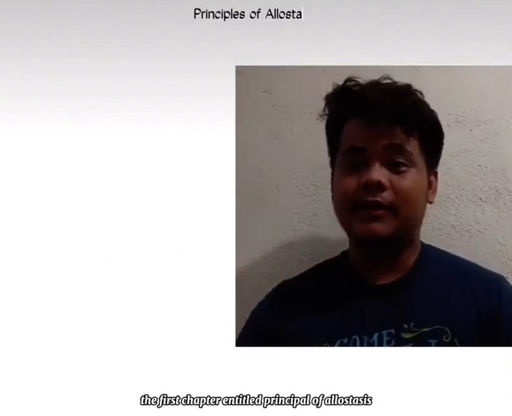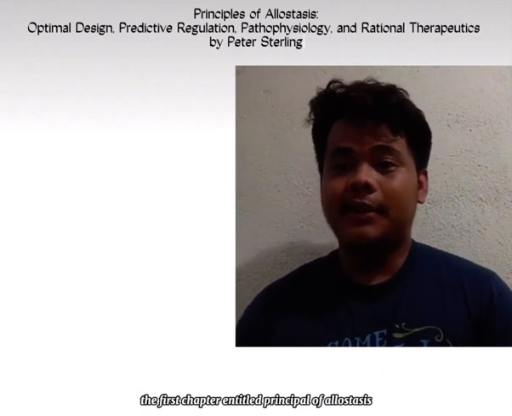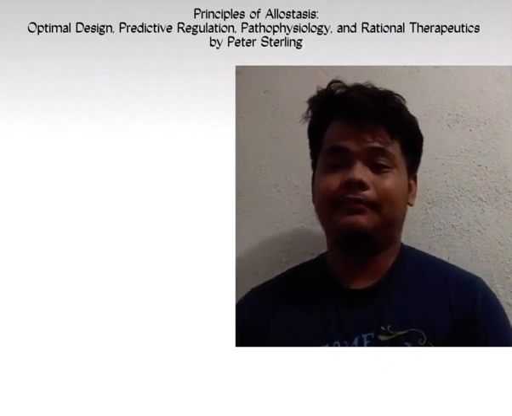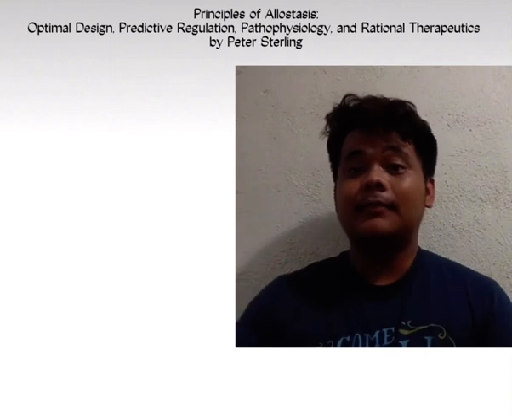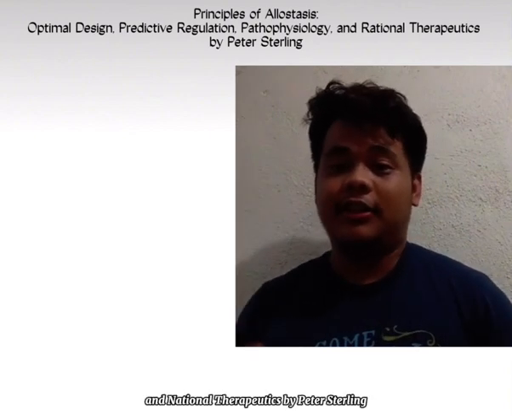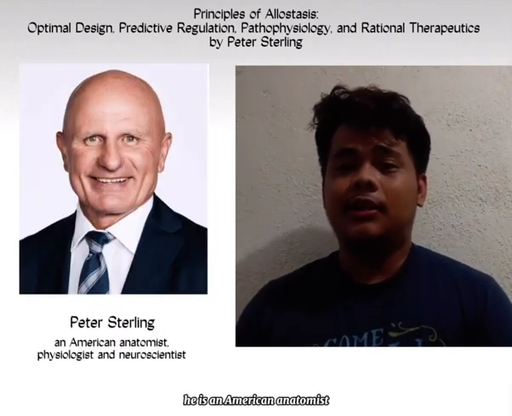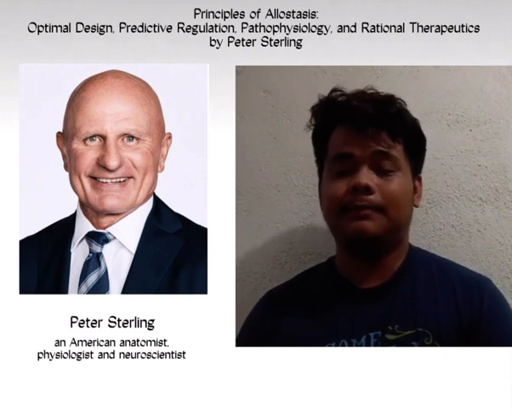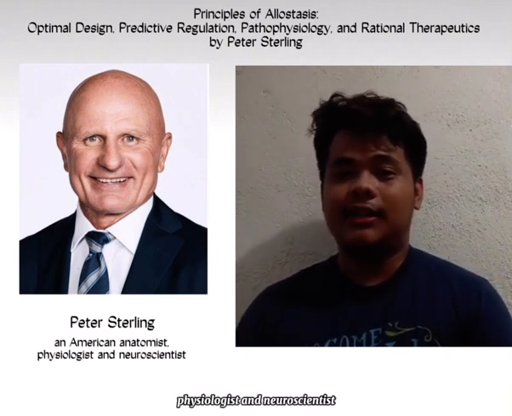The first chapter, entitled Principle of Allostasis, Optimal Design, Predictive Regulation, Pathophysiology, and Rational Therapeutics, is by Peter Sterling. He is an American anatomist, physiologist, and neuroscientist.